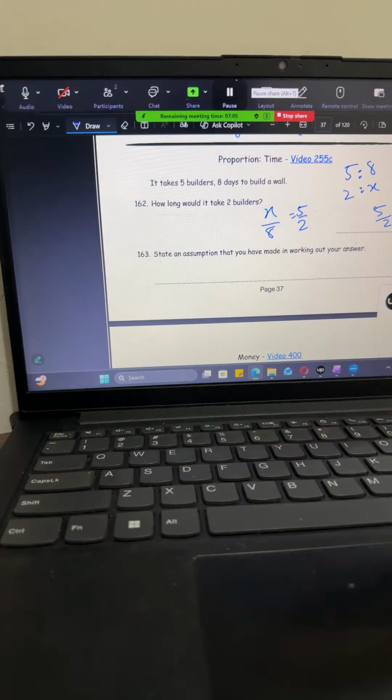So we have done it through the ratio, so I don't think we made any assumption here. But what kind of assumption can we make over here? Let's think about it. Can you figure out some other way to solve this question?